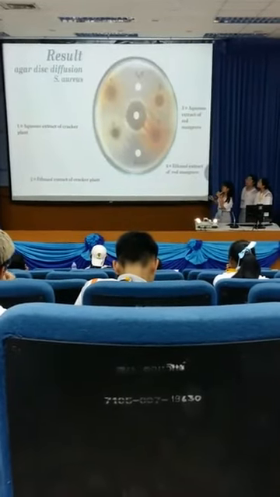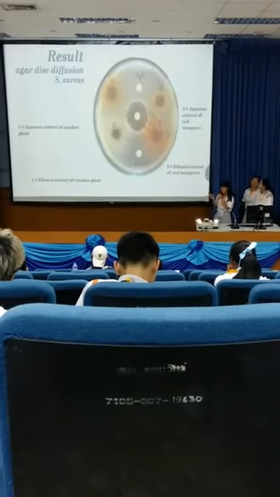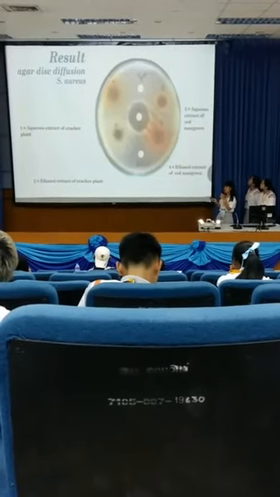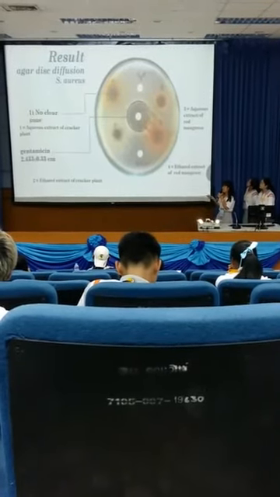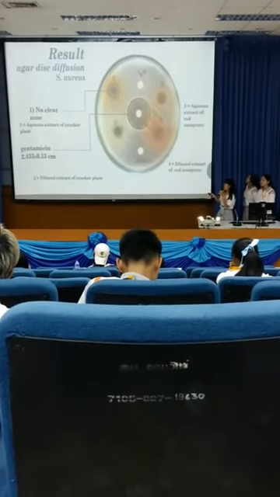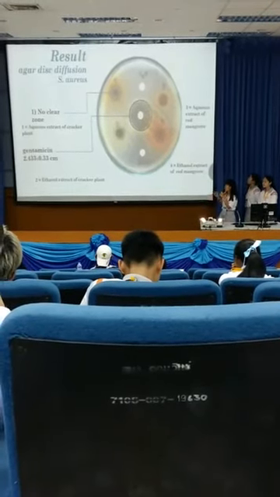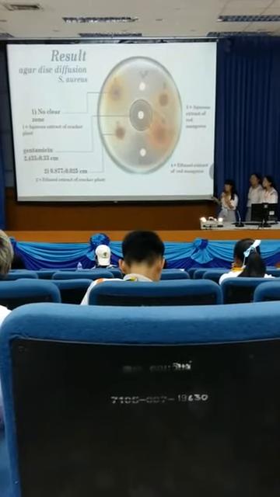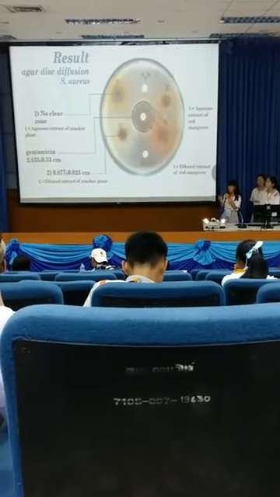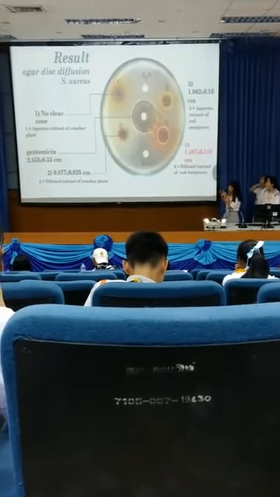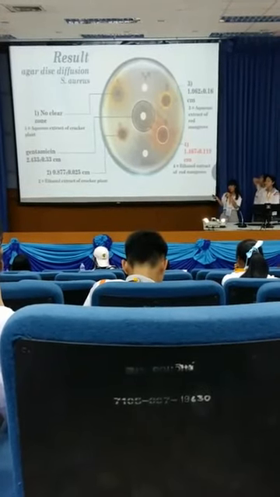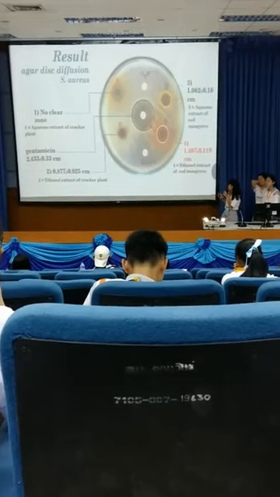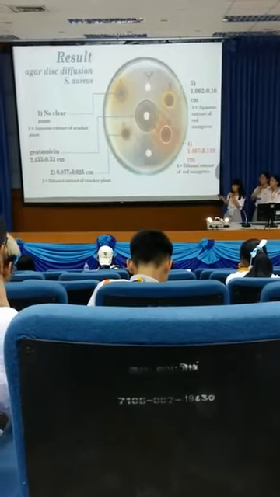This is the result of agar diffusion to inhibit Staphylococcus aureus. It was shown that the aqueous extract of cracker plant has no clear zone, and the ethanol extract of cracker plant has the smallest clear zone, which is 0.8 cm, and the ethanol extract of red mangrove has the highest clear zone, which is 1.4 cm.